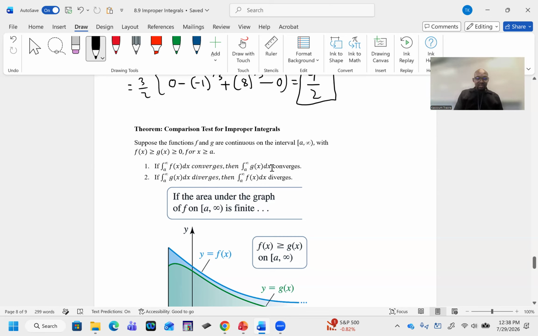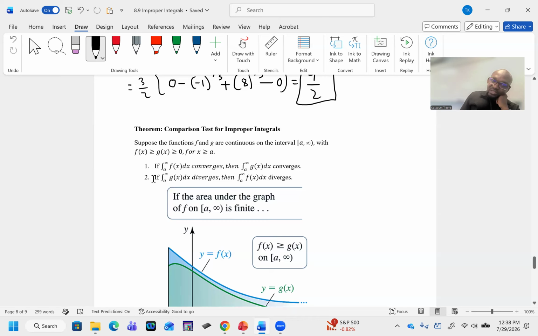If the integral from a to infinity of f of x dx converges, then the integral from a to infinity of g of x dx also converges. So look, because f of x is greater than g of x, if f converges, that means g also converges.